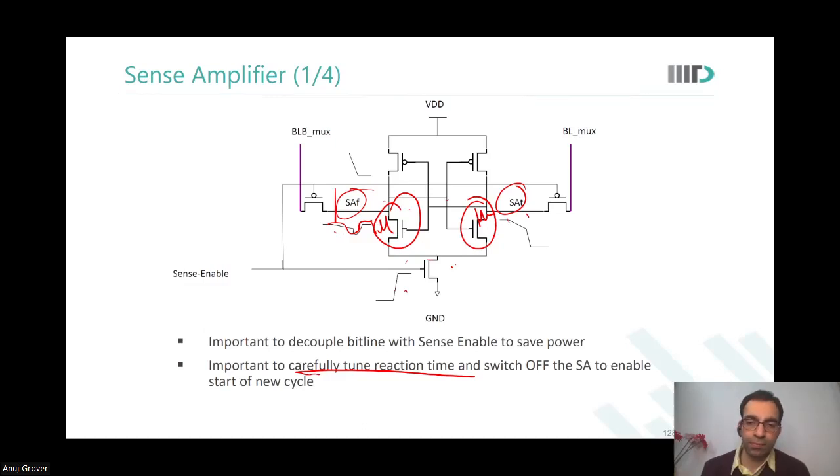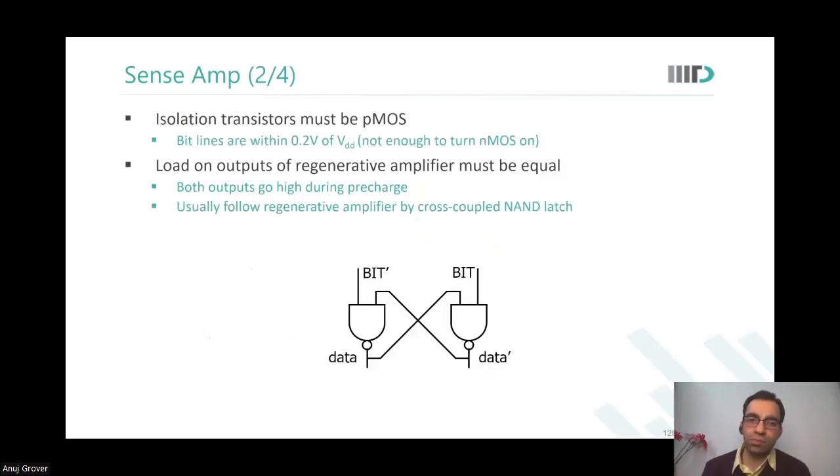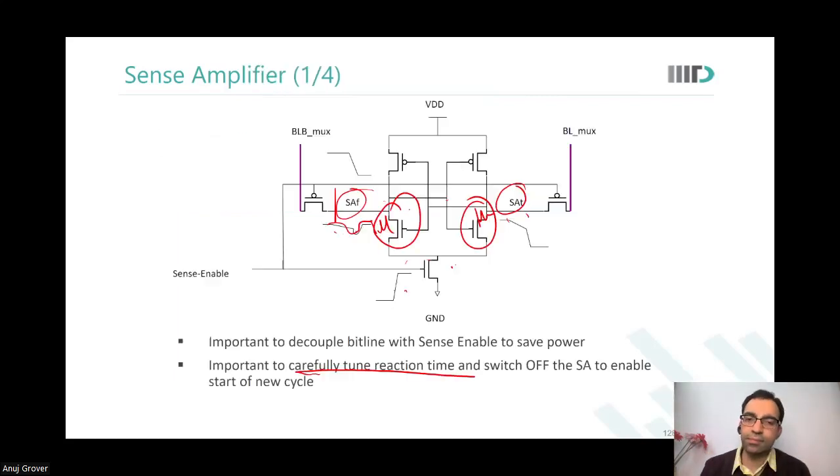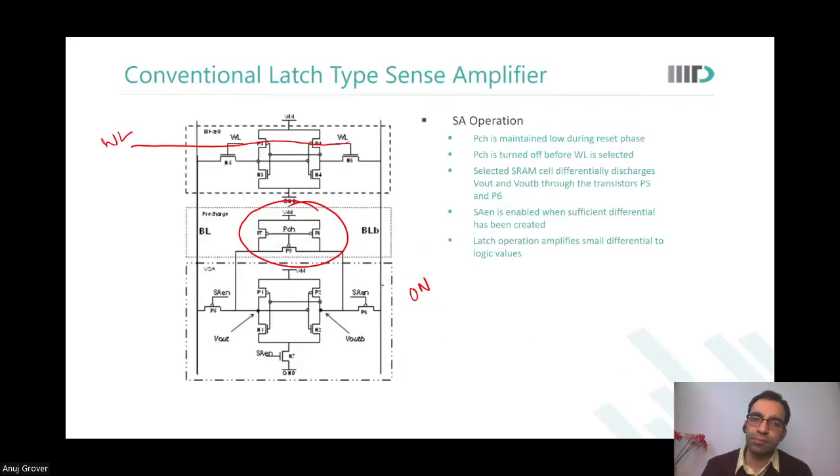Sir, I just wanted to confirm my understanding. Could you please go back to the previous slide? Tell me. The precharge circuit which you are using, were you using it to maintain the SAF and SAT at 0? You tell me. Sir, it should be 0 according to me. Why?